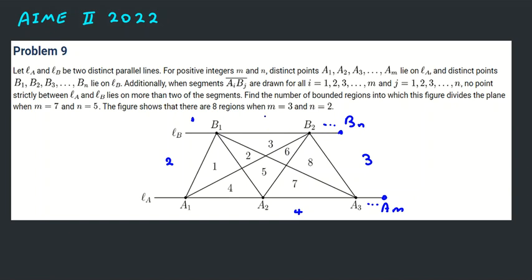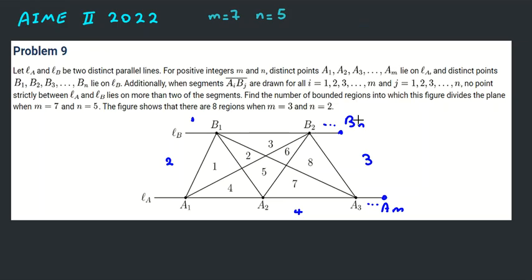So if I want to solve this, m is 7 and n is 5. It means we have 7 points on the bottom and 5 points on top. Let's draw on a new page. We have two lines, with 7 on the bottom and 5 on top.